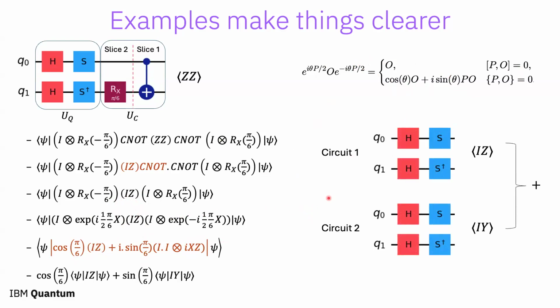Since these two don't commute with each other, I need two quantum circuits to calculate. The first quantum circuit will calculate the IZ part. The second quantum circuit will calculate the IY part. And then we will just multiply with these coefficients and add. That will give us the expectation value. So in general, when you start backpropagating and you hit these non-Clifford gates, the number of non-commuting terms in the observable can double.